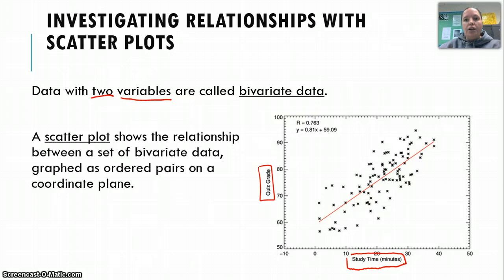But if you actually look at the data and plot the actual information, each one of these points represents one person. If you look at this particular point, it looks like this person studied for about 28 minutes, and their score was about a 74% on the quiz.